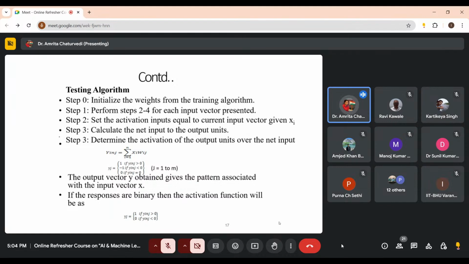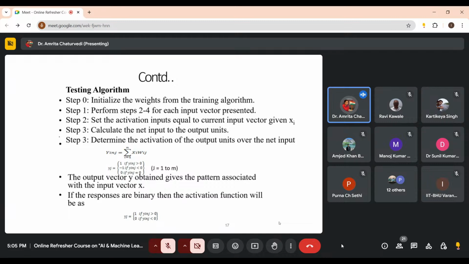Then set the activation inputs equal to the current input vector xi. Then you calculate the net input to the output units and determine the activation of the output units over the net input. So yinj is equal to summation i equals 1 to n of xi wij, and your activation function is 1 if yinj is greater than 0, minus 1 if yinj is less than 0, and 0 if yinj is equal to 0.